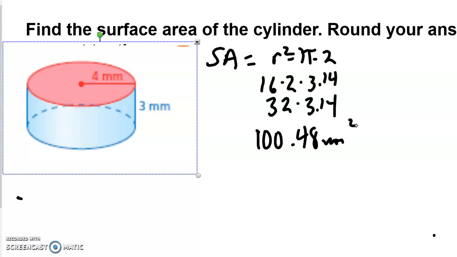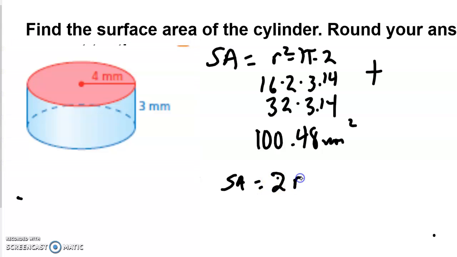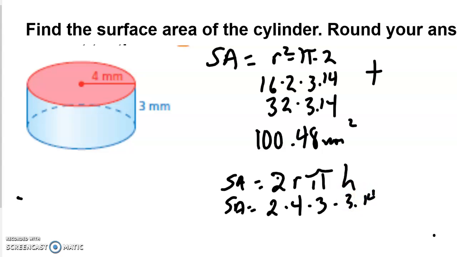Now the lateral surface area. We do 2 times the radius times pi, just like we do when we're doing circumference, and then we're going to multiply that by the height. The other thing, remember with the commutative property, it's awesome. I can do this in any order that's easier for me. Plus, we're absolutely using a calculator. So first thing I'm going to do is 2 multiplied by 4, which is the radius, multiplied by 3.14.